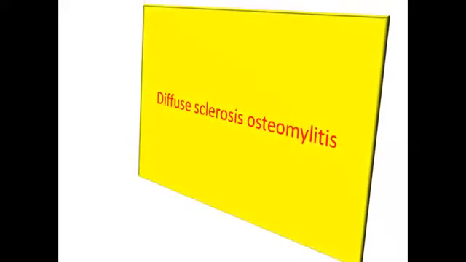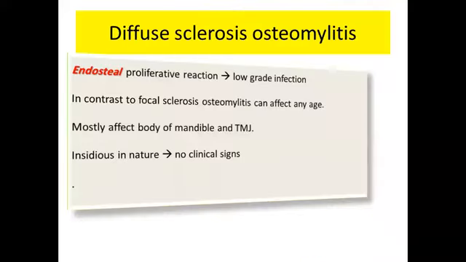Diffuse sclerosing osteomyelitis is considered an endosteal proliferative reaction due to low-grade infection. In contrast to focal sclerosis, osteomyelitis can affect any age, mostly affect body of the mandible and TM joint.